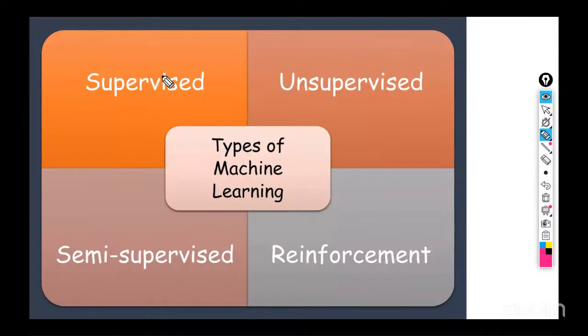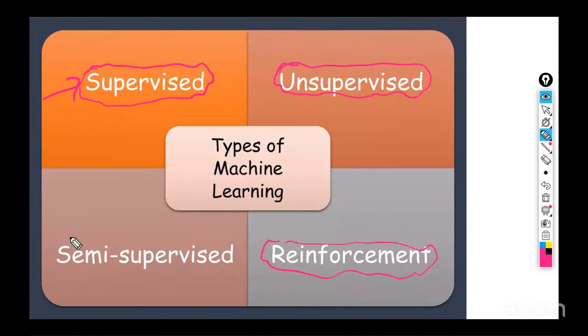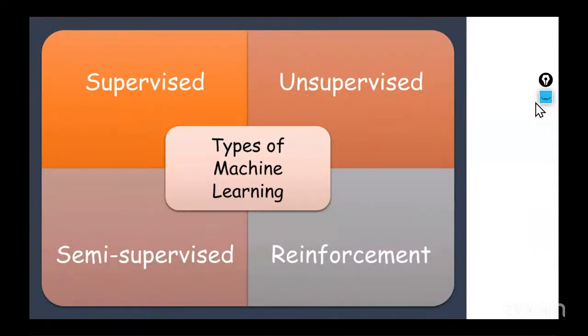If they're dividing something, it means that supervised does some kind of task, your unsupervised also does some kind of task, your reinforcement also does some kind of task, and your semi-supervised also does some kind of task. So what are the tasks? We will discuss these two: what tasks are covered by supervised as well as unsupervised.